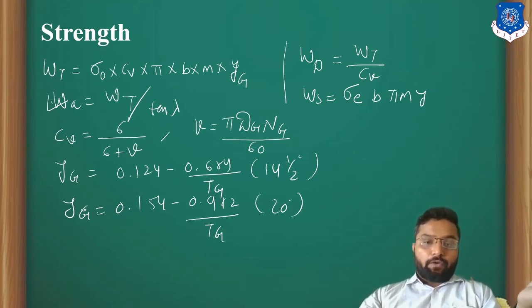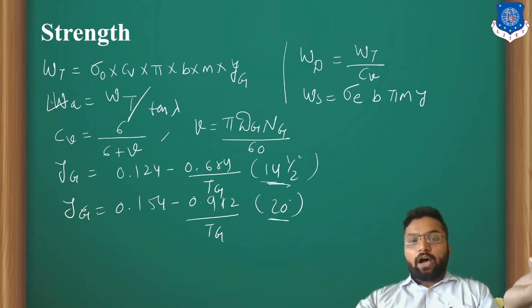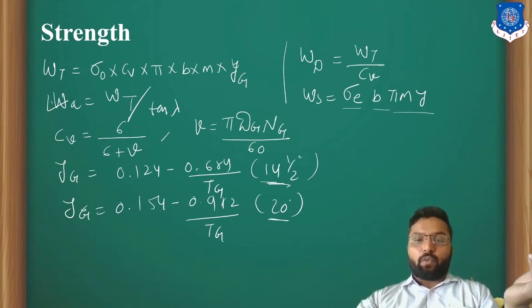Yg for 14.5 degrees is 0.124 minus 0.684 divided by Tg, and for 20 degrees it is 0.154 minus 0.912 divided by Tg. Dynamic load is Wt upon Cv, and static load is sigma e B pi m into Y. Sigma e is the flexure strength, or you can say the endurance limit.